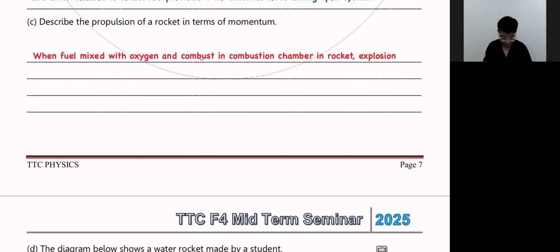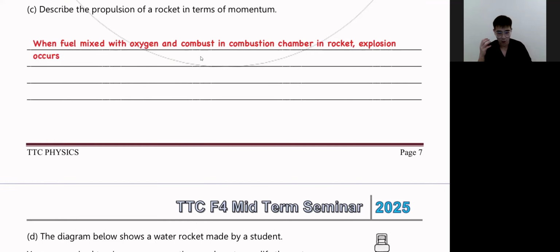So when an explosion occurs, it produces hot exhaust gas downward at the bottom of the rocket. This is the first thing you have to write.